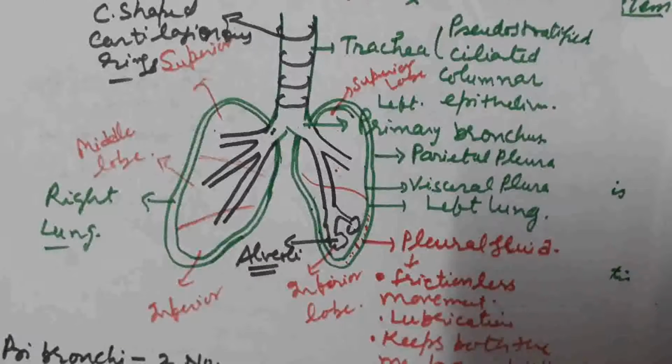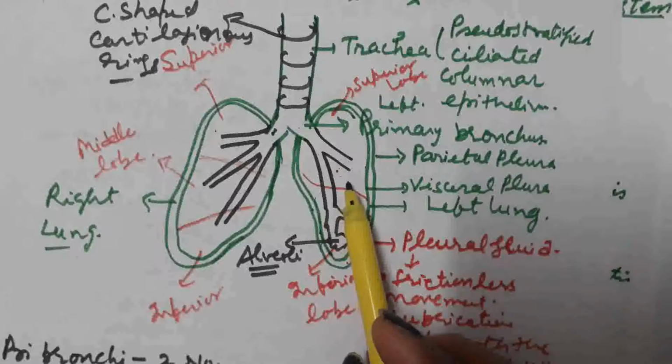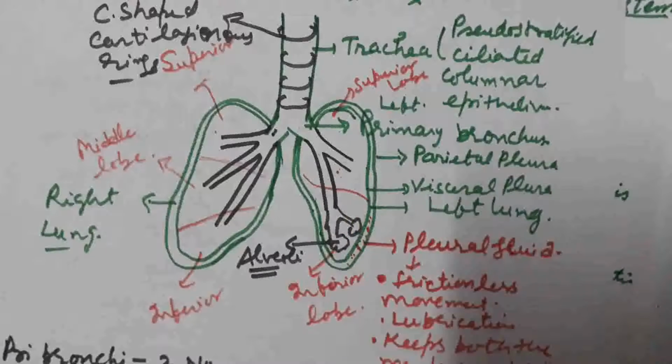And when the wall of the thoracic cavity expands, parietal pleura connected with the wall of the thoracic cavity also goes outside, and along with parietal pleura, visceral pleura also goes outside, which helps in expanding the volume of the lungs and helps in the breathing mechanism.